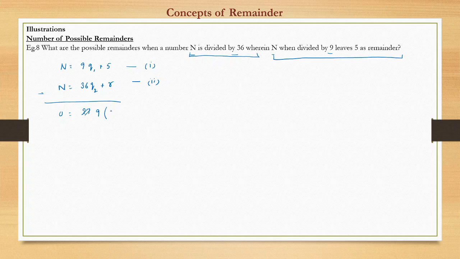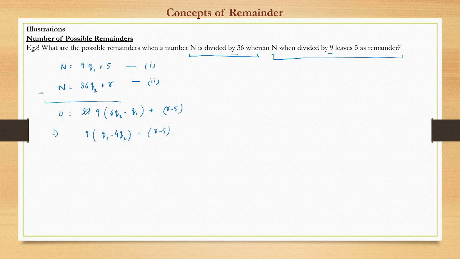So it becomes 9 times (q1 minus 4 q2) is equal to r minus 5, right?